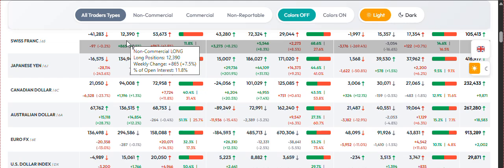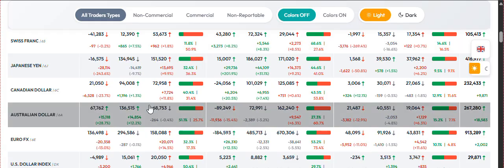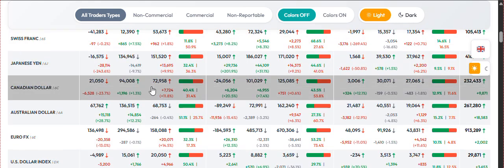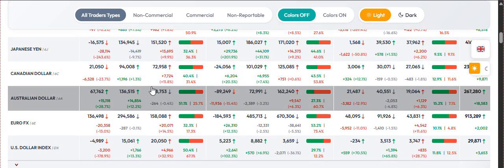More of the dollar, the franc, and the yen strengthen in this era, because they've proven over time to strengthen during economic uncertainties and to withstand war and all. So you want to align yourself with what the institutions are doing.